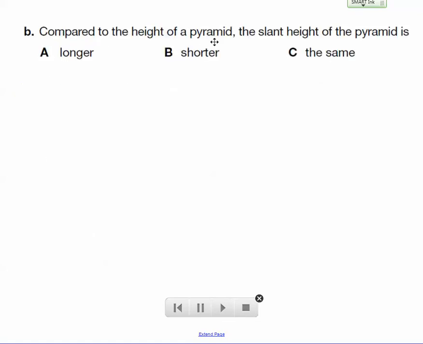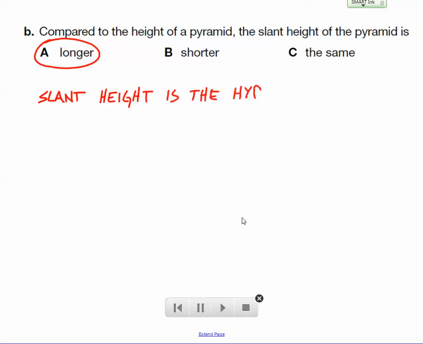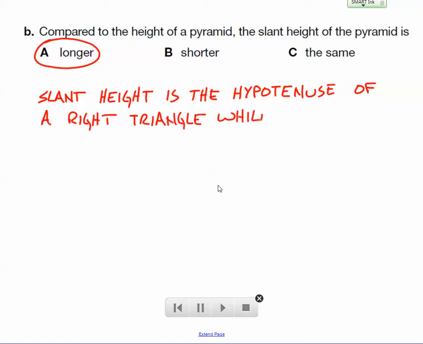So compared to the height, the slant height should always be longer, because the hypotenuse of a right triangle is always the longest side, because it's always across from the biggest angle in a right triangle.